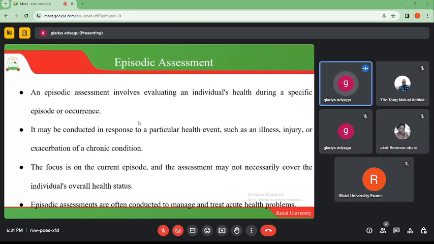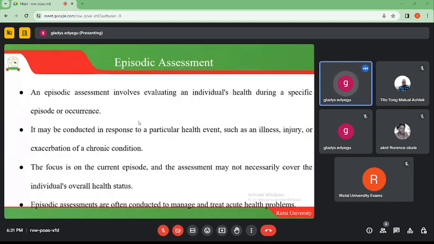Then you only look at that. It focuses on the current episode and does not necessarily cover the individual's overall health status. You may not look at everything, but you look at that particular thing which happened at that time. So episodic assessments are often conducted to manage and treat acute health problems.